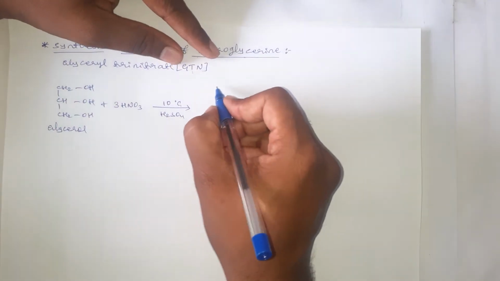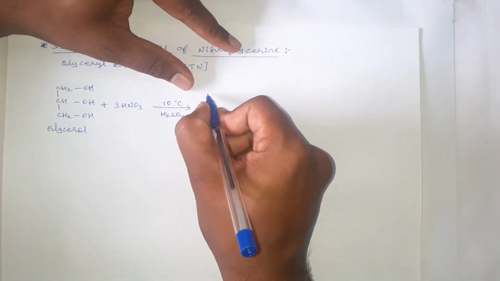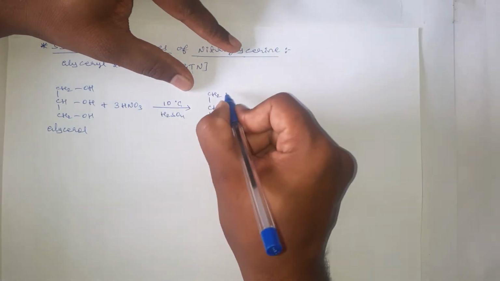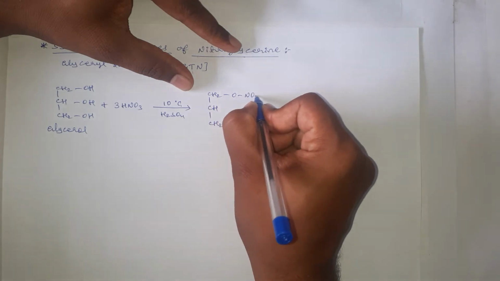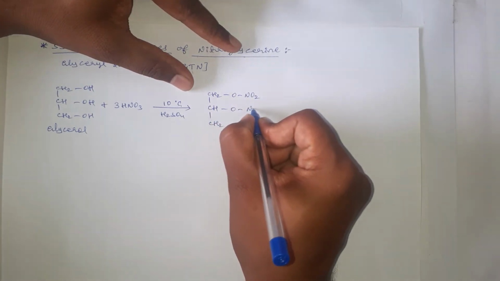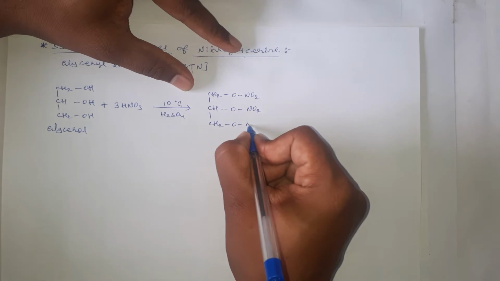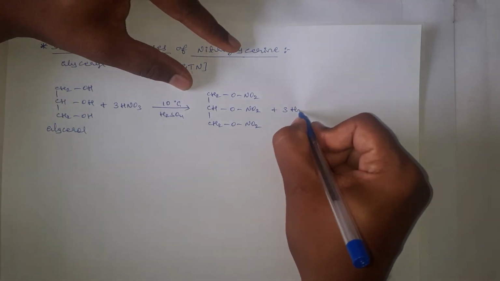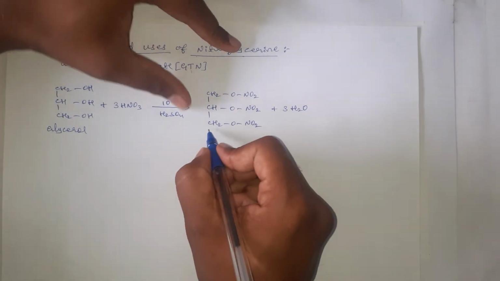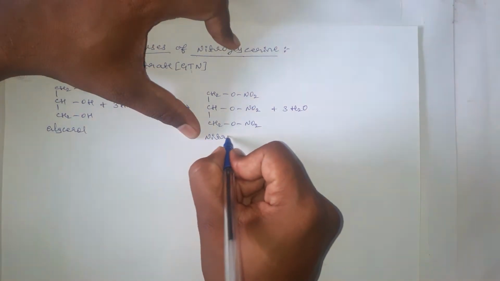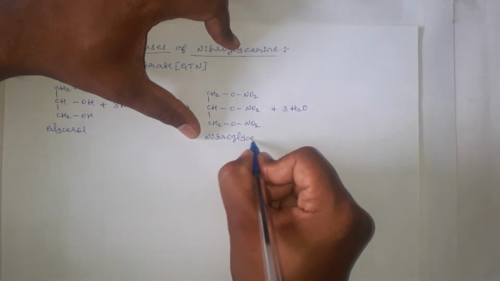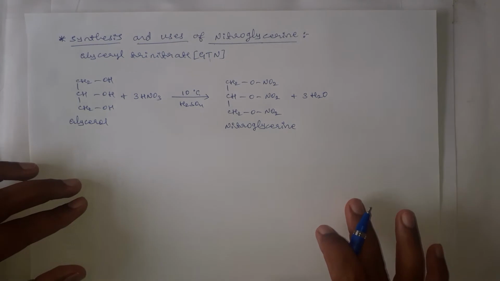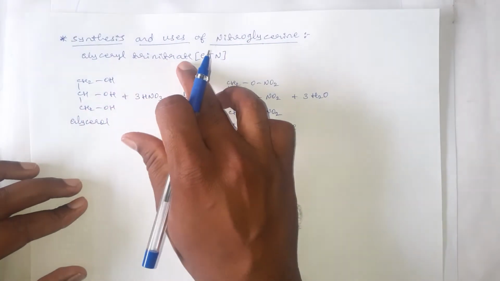We will get nitroglycerin, CH2(ONO2)-CH(ONO2)-CH2(ONO2), and 3 molecules of water. This is the synthesis method of nitroglycerin or glyceryl trinitrate.